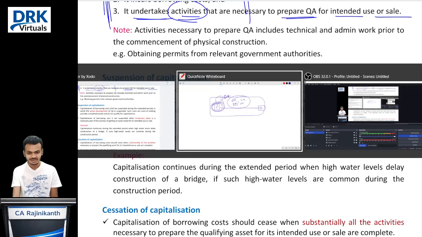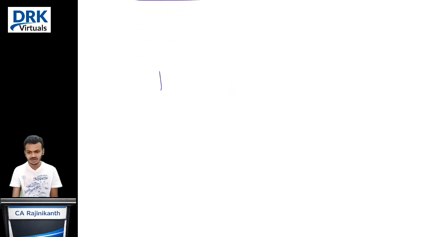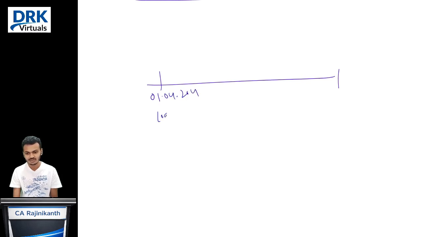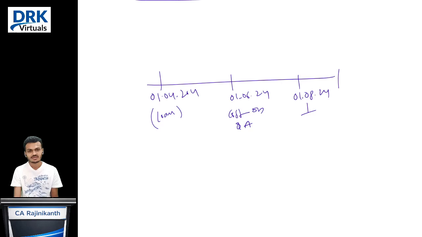Let's assume we are taking a loan on 1st April 2024. This is the date of loan. On 1st June 24, we are incurring cost on the qualifying asset. On 1st August 24, we started activities.